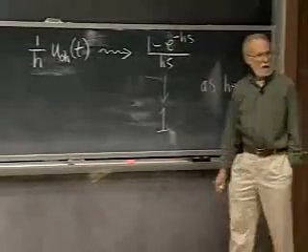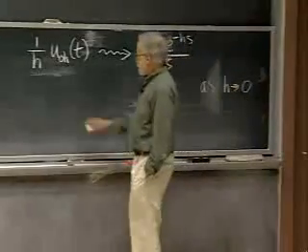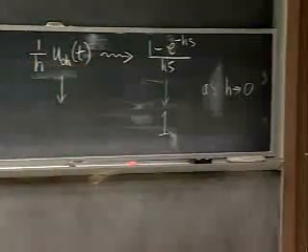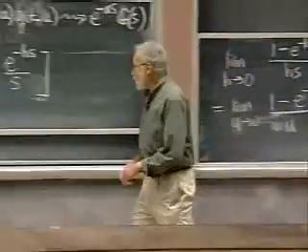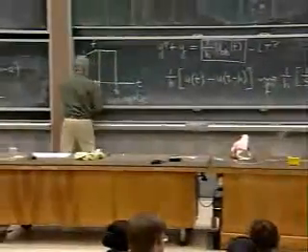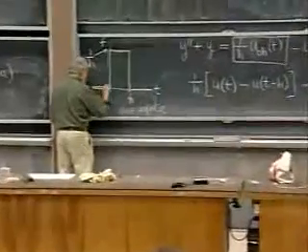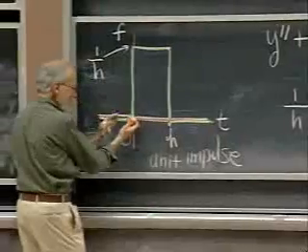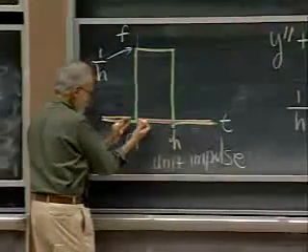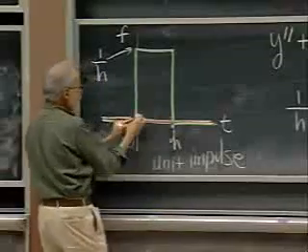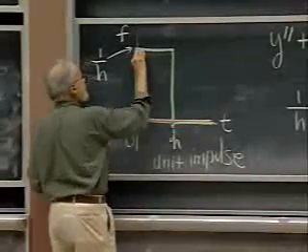And now let's fill in the picture. What does this thing approach? Well, it approaches a function which is 0 everywhere. As h approaches 0, this green box turns into a box which is 0 everywhere except at 0, and there it's infinitely high.